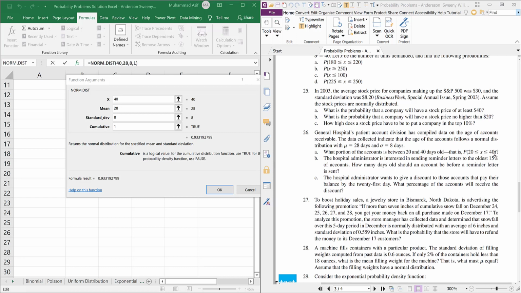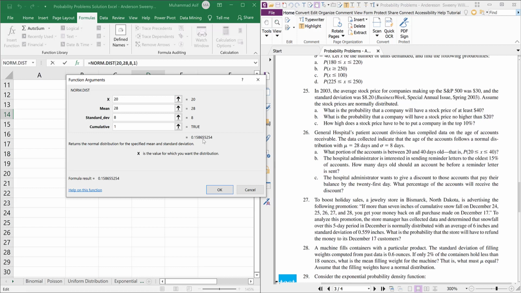So what we do is we calculate the cumulative probability with 40. In the next step we'll do it with 20, and then we take a difference of these two, and that will give us the area between 20 and 40. When we do it with 40, that gives us 0.9331, and when we do the same thing with 20, that gives us 0.1586.